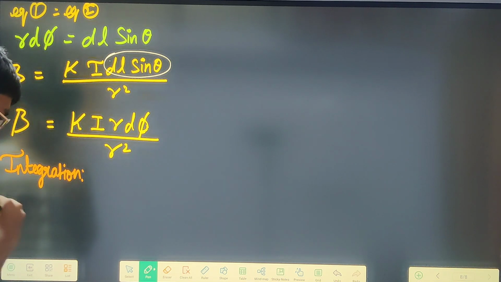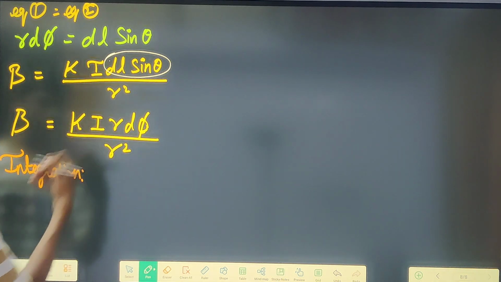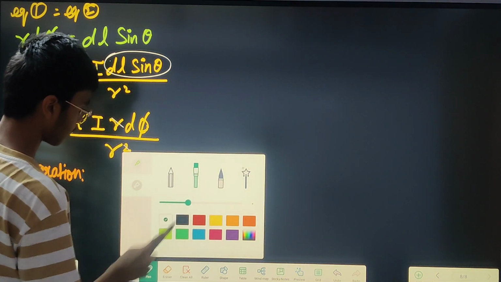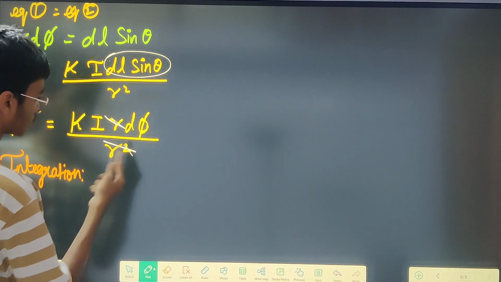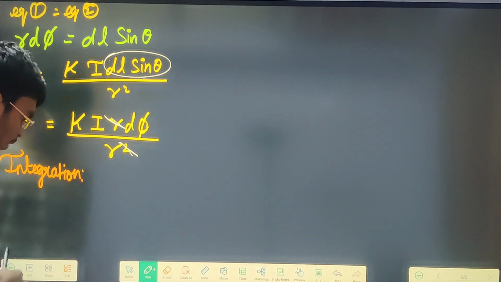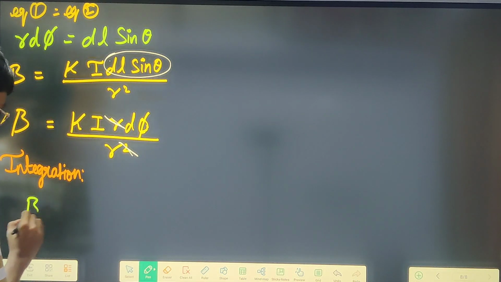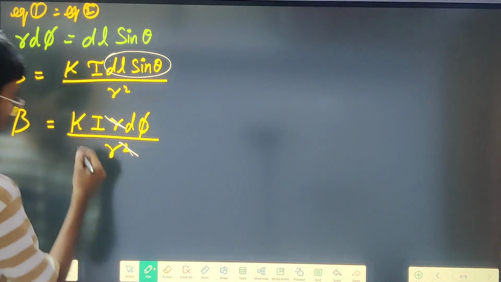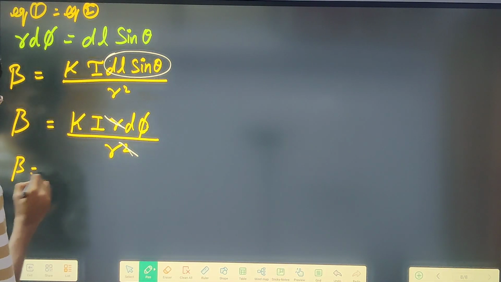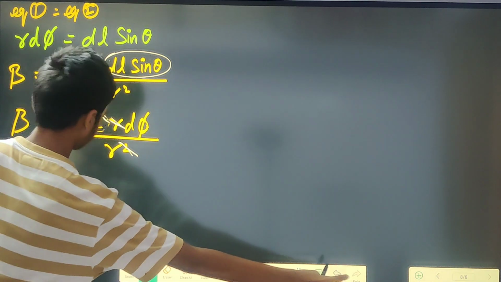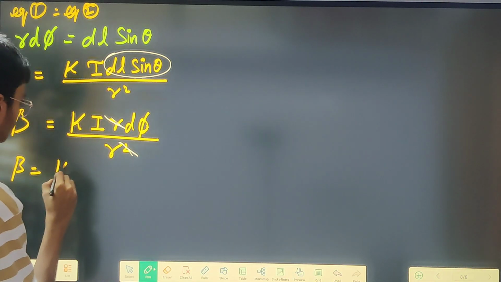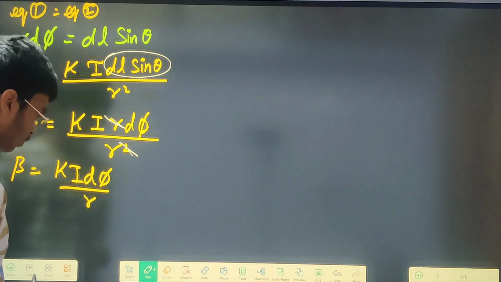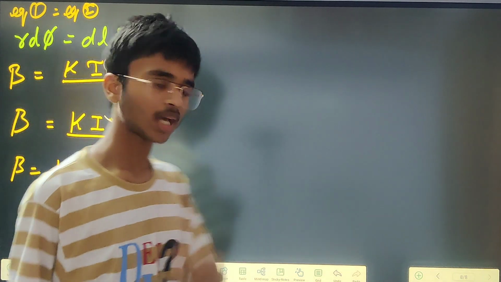Okay. So here square is there, here R square is there. If I cancel it, then B is equal to, wait, before integration some more steps are there. So I can write B is equal to K i d phi by R. So this is one formula where we have R, right?